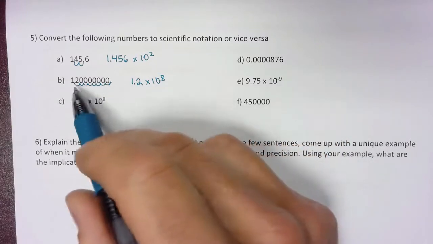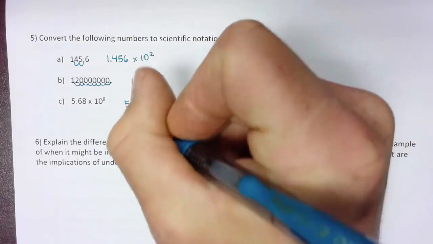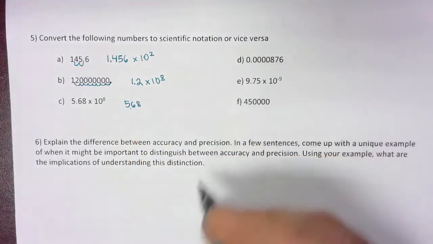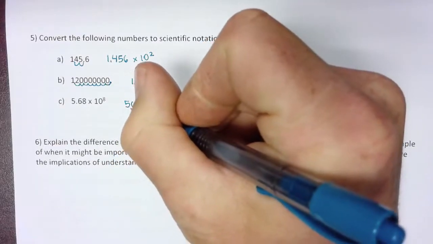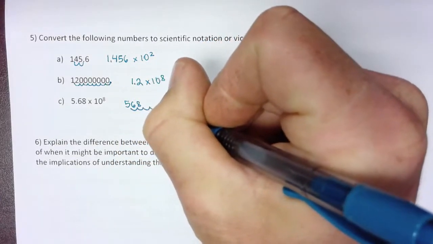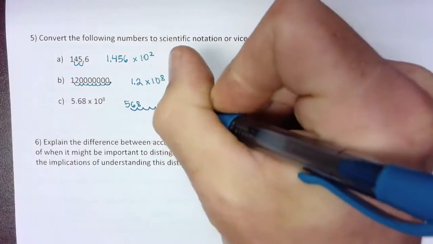Here's one going the other direction, 5.68 times 10 to the 8th. Well, we're just going to do this backwards, essentially. We're going to write out 568. You can even put the decimal place there if you want. And then we need to move it 8 places. 1, 2, 3, 4, 5, 6, 7, 8. Put a 0 in each one of those dips.